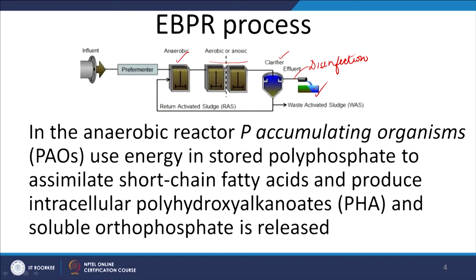Now, in the anaerobic reactor, phosphorus is accumulated by phosphorus accumulating organisms, shortened as PAOs. So, there are a lot of PAOs present here. They use the energy that is present in polyphosphate in the water, and they assimilate short chain fatty acids.